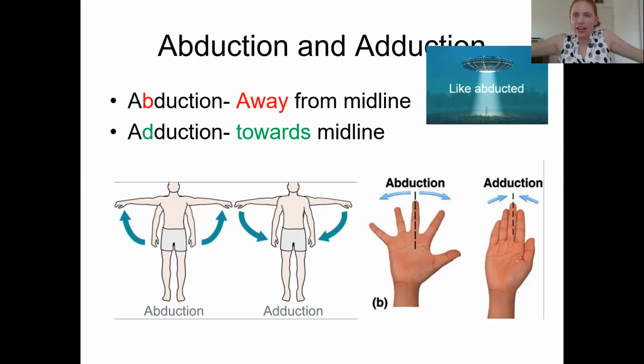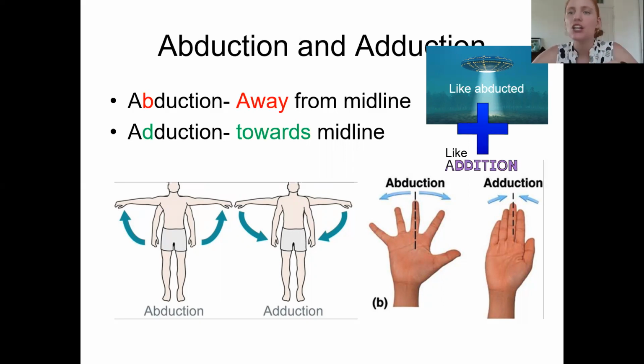Whereas if you add it on, going towards the midline, that is adduction. And the way I like to think of it is you're adding it back to the body, right? So it's like addition. You're adding it back onto the main part of the body. So away would be abduction, towards would be adduction. You can also use these terms when, for example, you're talking about what your fingers would do, right?